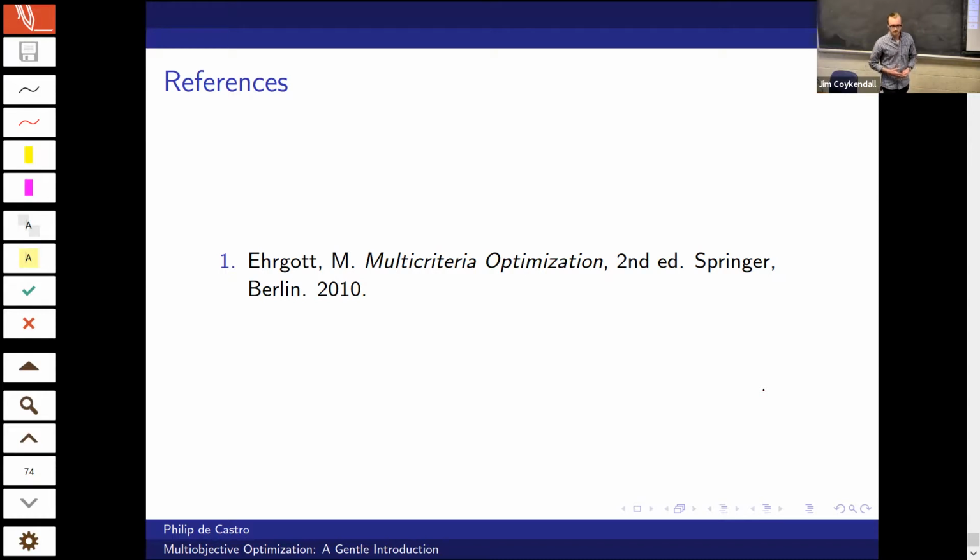Yeah, this is the textbook that was used in my initial course on multi-criteria optimization. It's pretty good. It's quite comprehensive. The writer Ehrgott, so our own Dr. Margaret Wiecek, she's the one that does all the multi-objective stuff here.